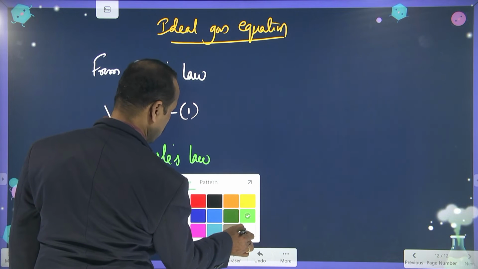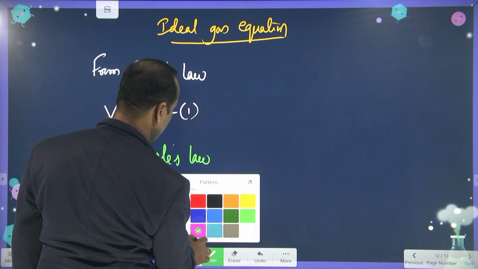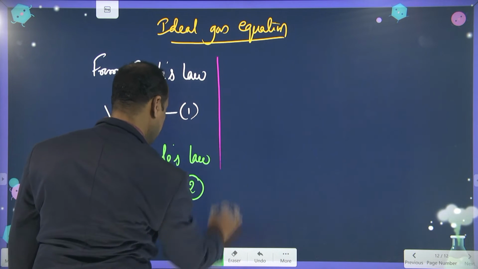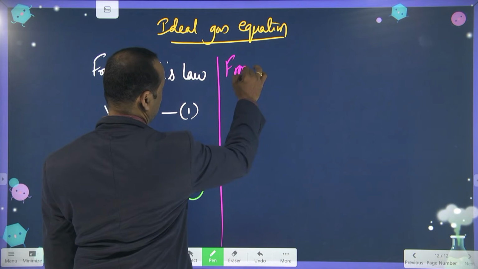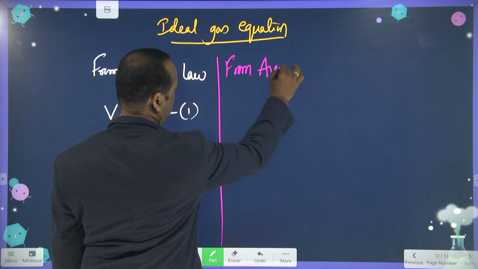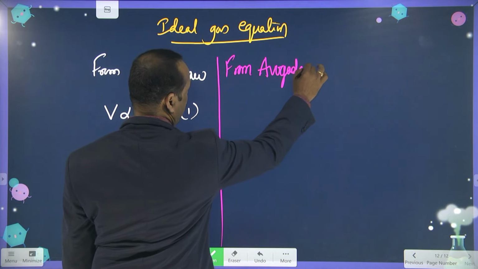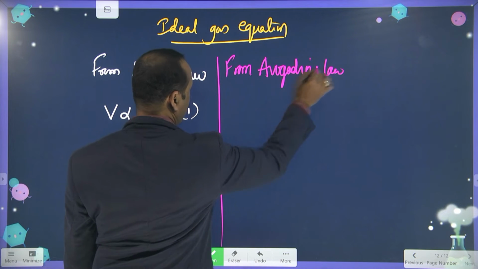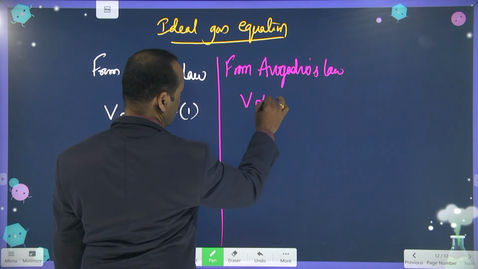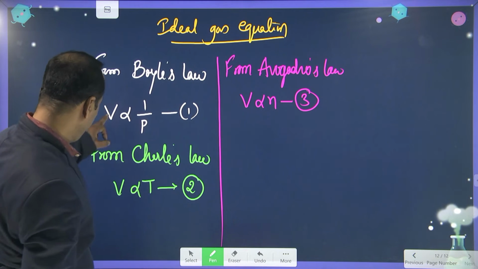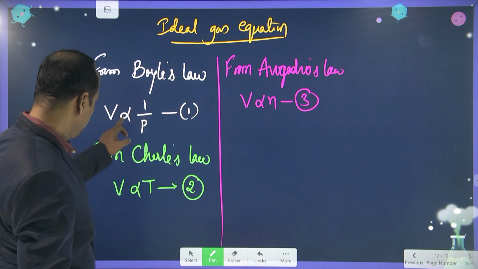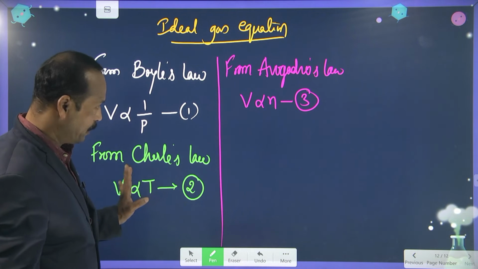Next, third one, from Avogadro's law. What we have? V is directly proportional to N. This is the third equation. Now see, V proportional, proportional, proportional. So all are same. Yes or no?